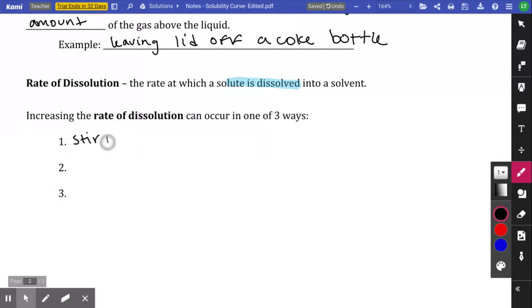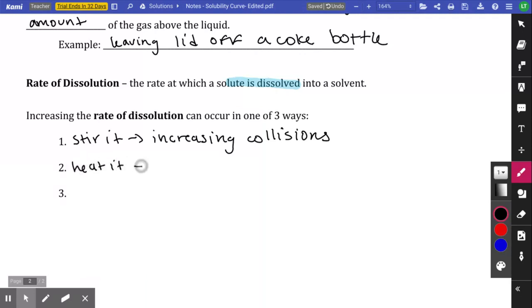All right, so if I am stirring it, I basically am increasing collisions between my solute and my solvent. The more they collide, the more likely my solute is to dissolve. So I'm increasing it by collisions.